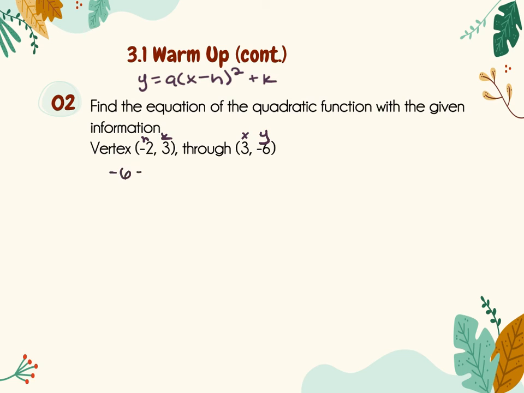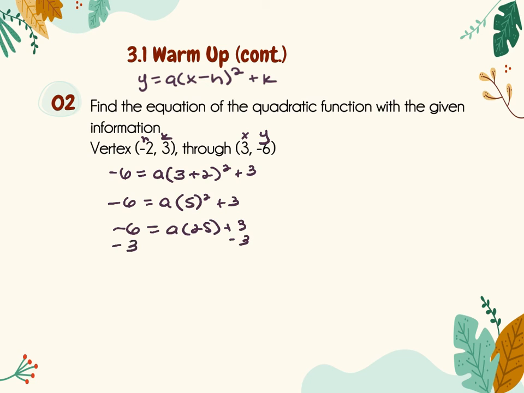So I'd get negative 6 equals a times the x, which is 3, minus a negative 2 becomes plus 2, squared, plus k, which is 3. Do the addition first, then do the square, then subtract the 3, then divide by 25. So a is negative 9/25.